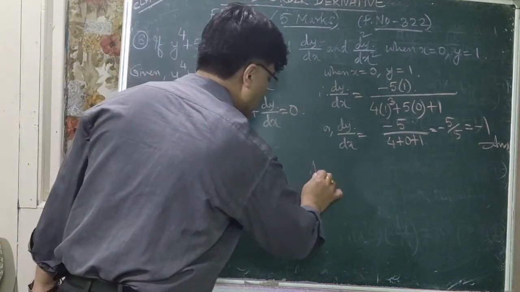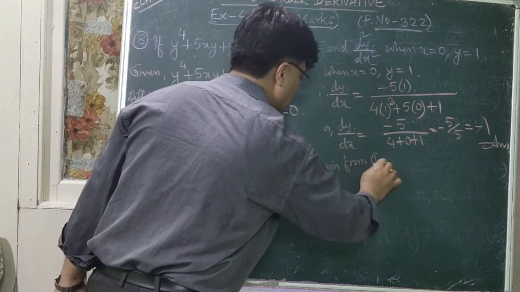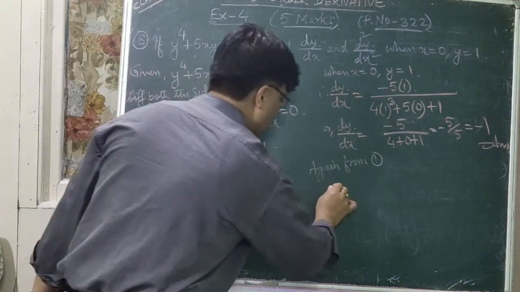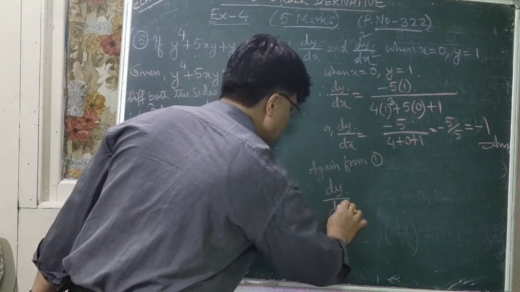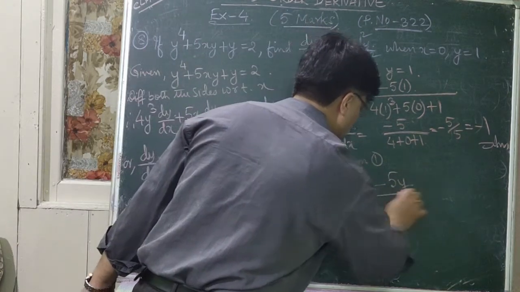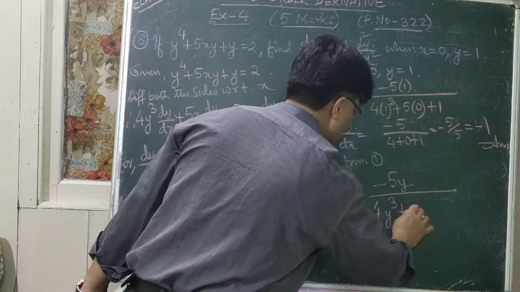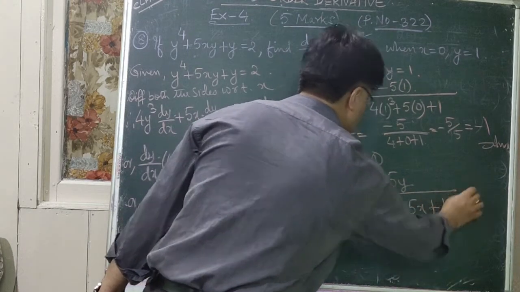So again from 1, what do we have? We have dy by dx is equal to minus 5y divided by 4y cube plus 5x plus 1.